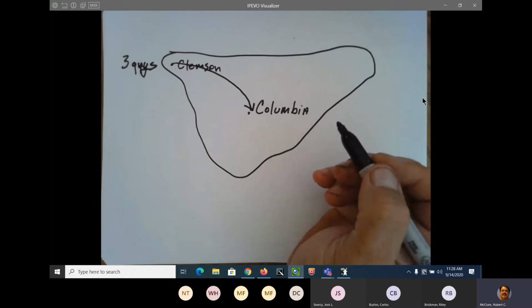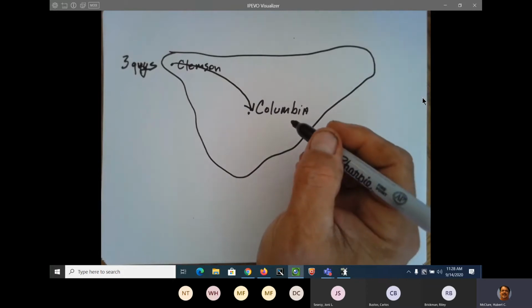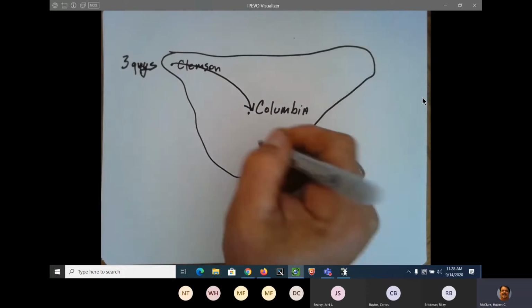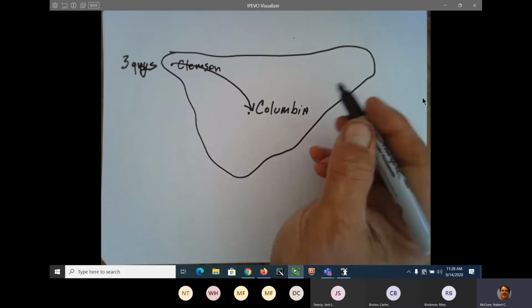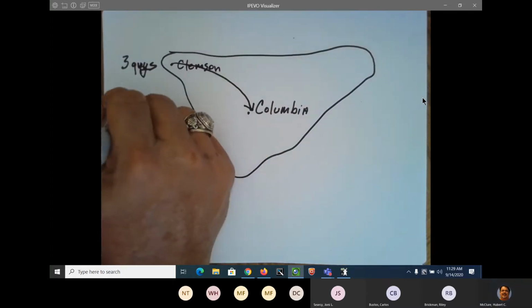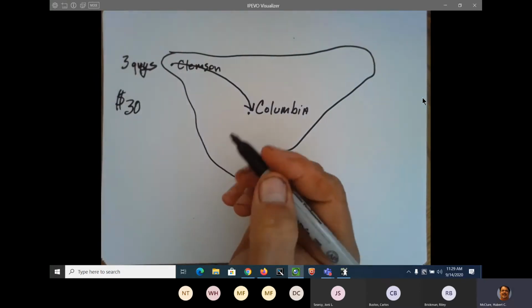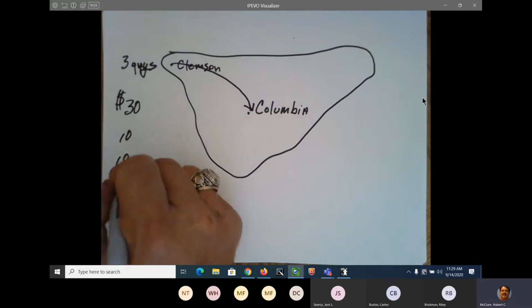They get down to Columbia, and they got to get a hotel room. So they get a hotel room, and it's $30 a night. That's $10 a piece for each one of them.